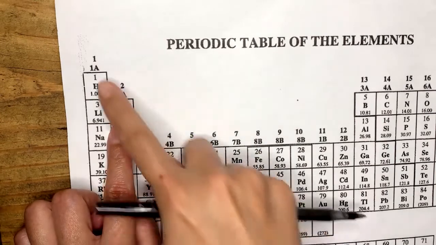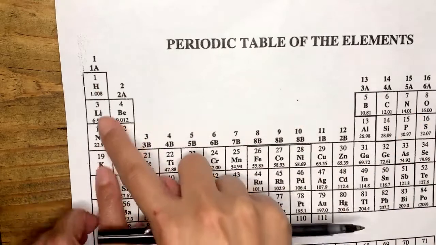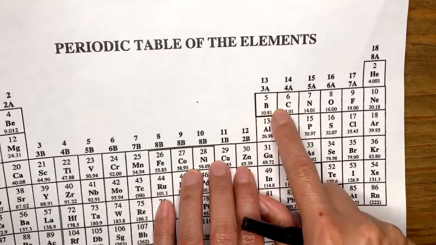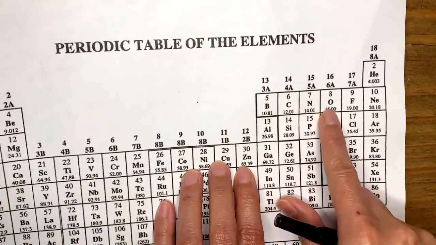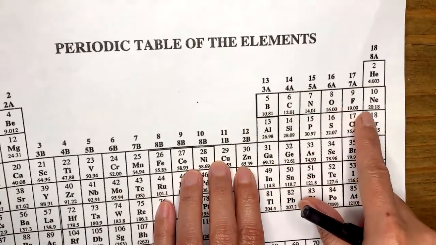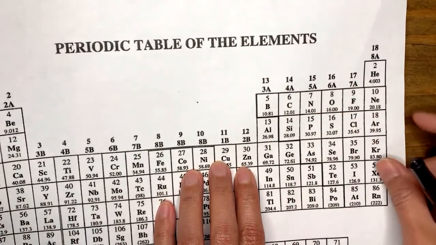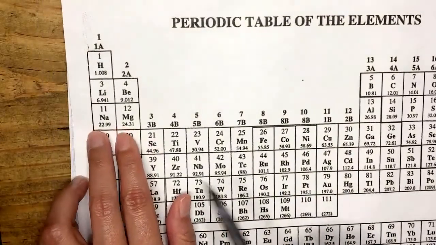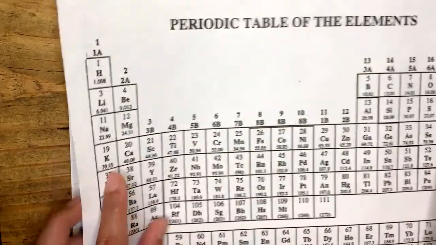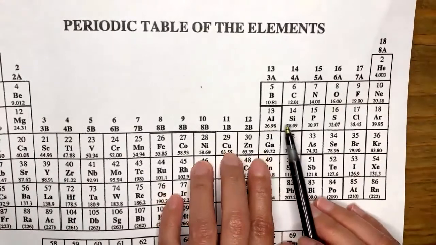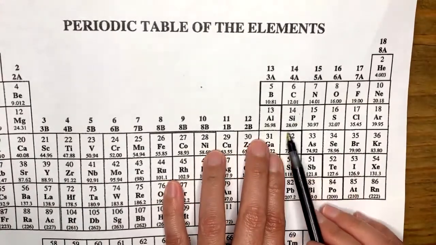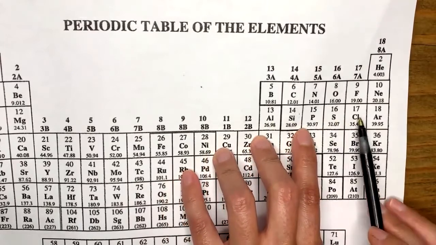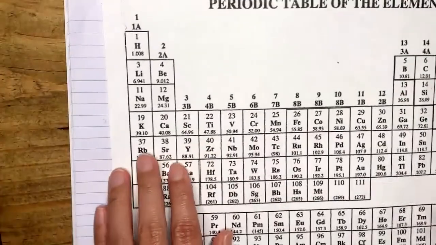If you look, here's 1s with 2 electrons, and then 2s. Then you have 2p: the first 2p, the second 2p, and the third 2p, because each one has 2 electrons. We can keep going, and then we have 3s, 3s1, 3s2, and then aluminum, where we have 3p: 3p1, 3p2, 3p3, 3p4, 3p5, 3p6. Then you go down over here.